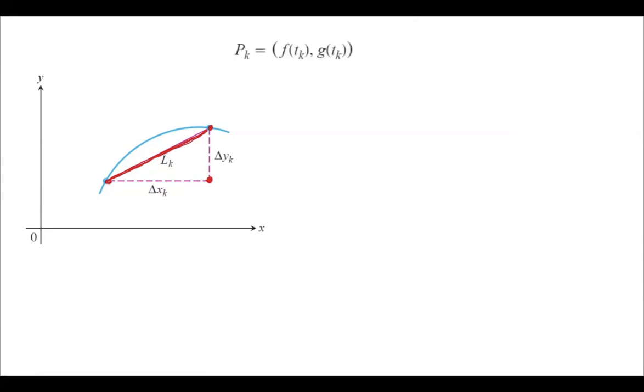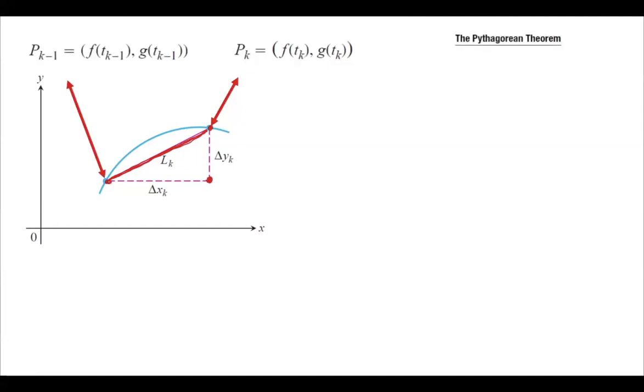We take p sub k to be f of t sub k and g of t sub k. Remember that x and y are both parametric with respect to t. And the smaller point, p sub k minus 1, is f of t sub k minus 1 and g of t sub k minus 1.